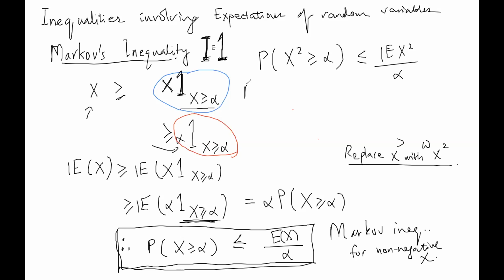And then if I replace further x with x minus mu, that means I replace it with the centered form, subtract mu, then I will get this.